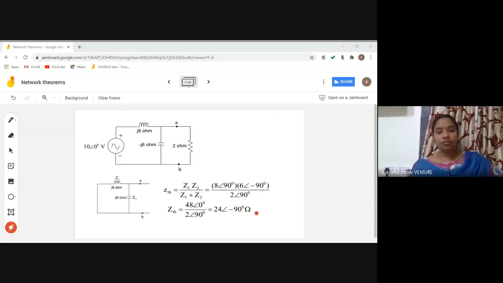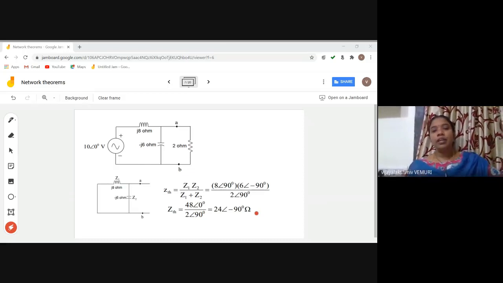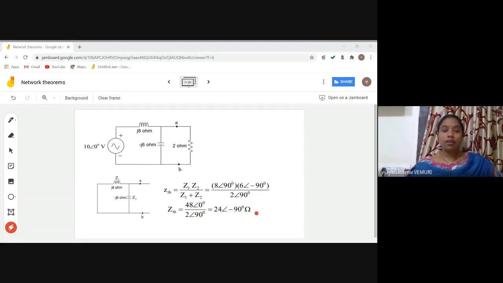Same answer. Very good. One more thing. Mind you, this is a very interesting subject. Once you catch on to the technique of how to solve the problem, you will automatically get an interest to solve more and more problems, so that you will get confident. This is a very basic subject and a scoring subject too, and it also has weightage in your competitive exams. So I am reminding you every time.